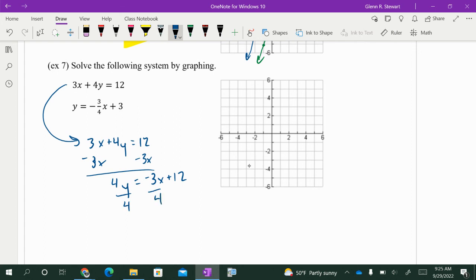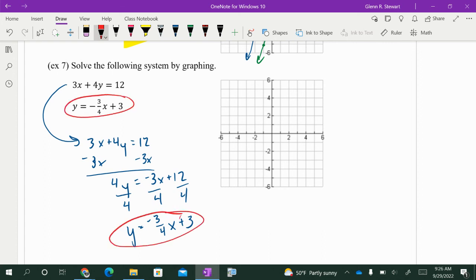I'm going to divide by 4. -3/4 x. 12 divided by 4 is 3. And these two equations are the same. So this is actually going to present the same line for us. I'll start at 3. I'll go down 3 and right 4, or up 3 and left 4. I only have to graph it one time because it's the same line.